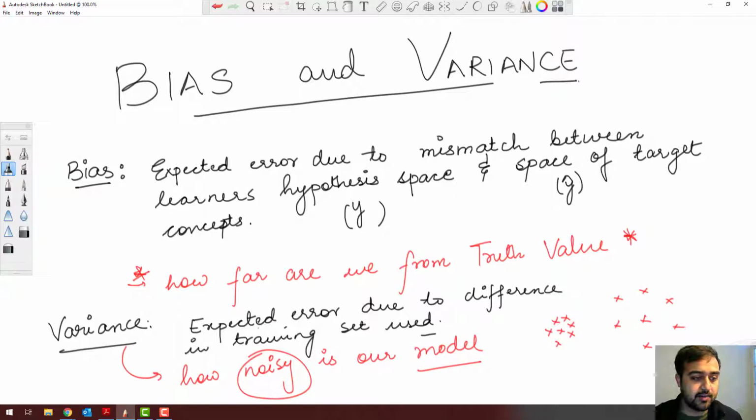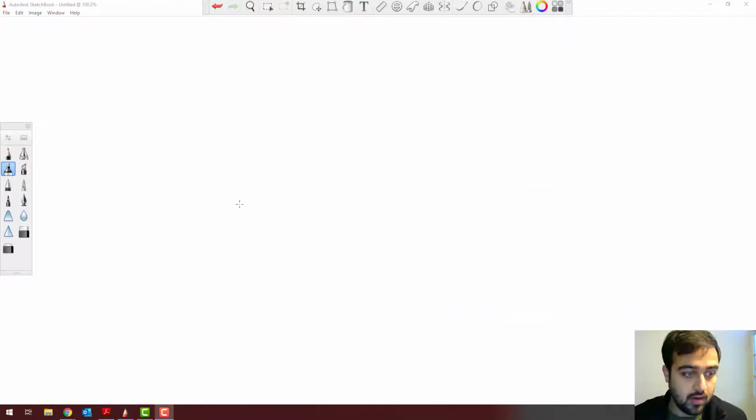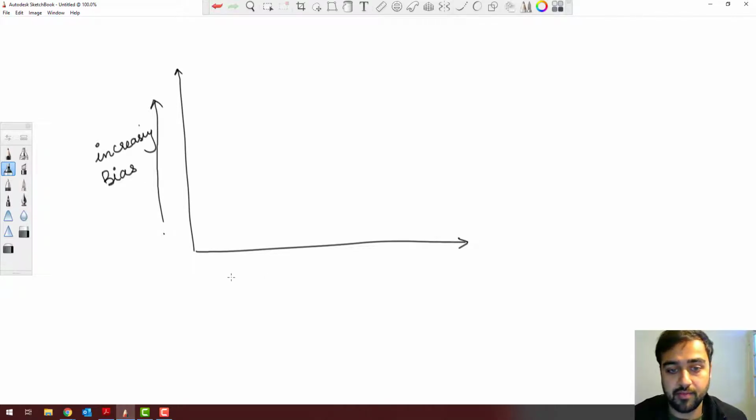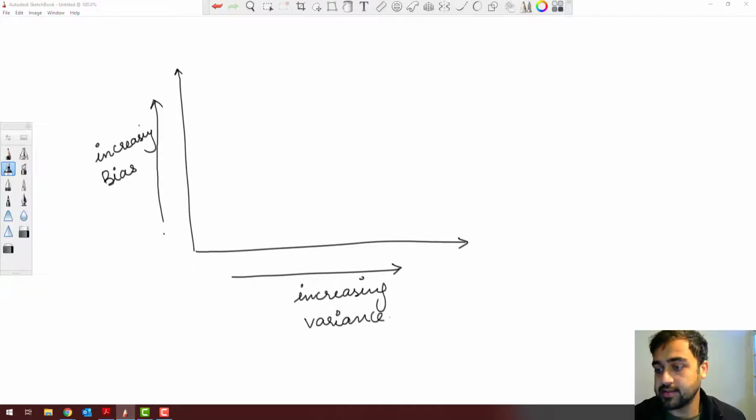So if I want to express it in terms of a diagram, it will be something like this. Let's say we have two axes. If we go from here to here, this is increasing bias, right? And from here to here, it's increasing variance, right? Now let's say we have a target value.